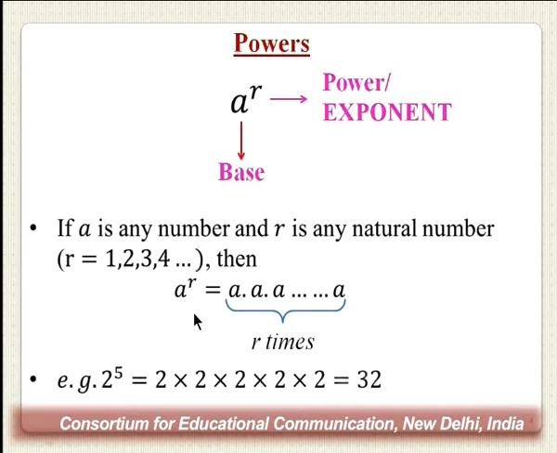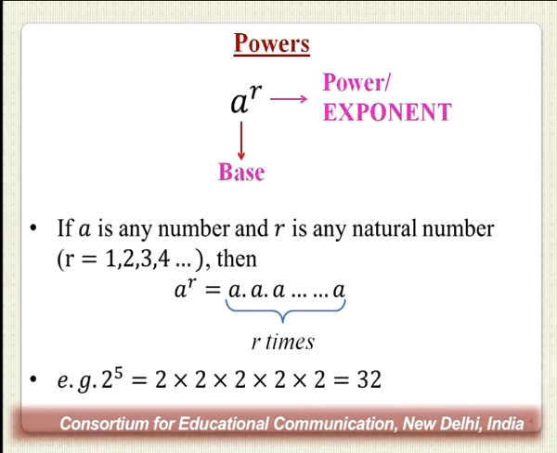Another way of looking at this rule is that if we allow r to be any natural number, any positive integer, then the expression a to the power r is defined for any number a.